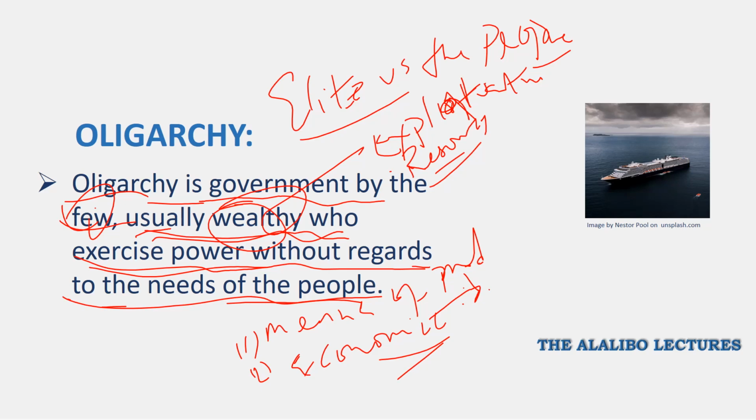And here it says, exercise power, right, without regard to the needs of the people. And this is where there is usually revolution, right? There's usually revolution, uprising by the people because they've been oppressed for a long time. They've been deprived of human rights for a long time.